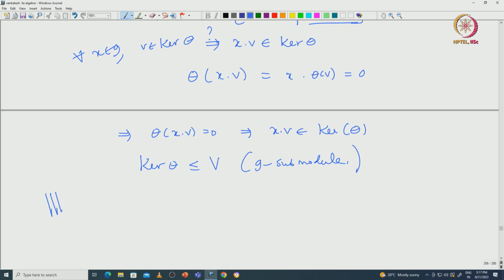Similarly, one can check for image of theta. So, image of theta is nothing but theta of V, where V is coming from capital V. So, it is easy to see that this is actually a subspace of W. Okay.